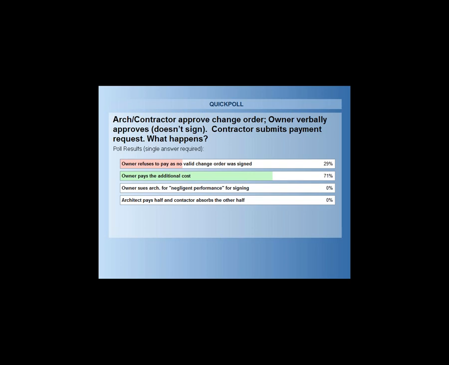Well, if this had happened, it would go this way. If this happened, it would go another. If there was documentation to prove or confirm that the owner had verbally approved the change, if the contractor and the architect were there together, those things would start to move the answer in one direction or another.